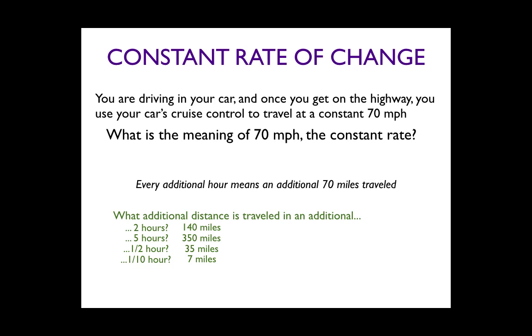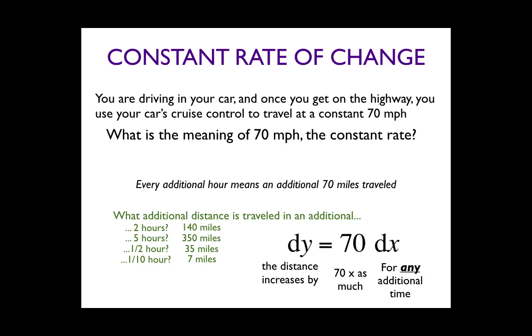So for any little incremental change in time, if I let a little bit of time go by, X is representing time here in my notation. If I multiply it by 70, I'm going to get the amount of distance that I covered during that small amount of time.